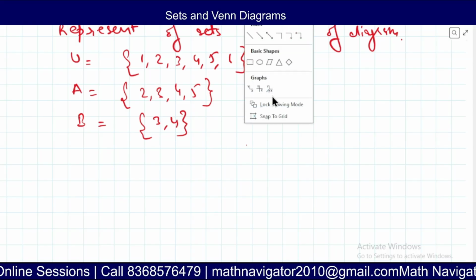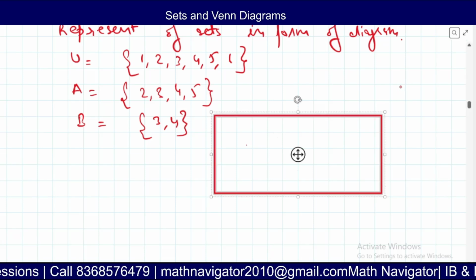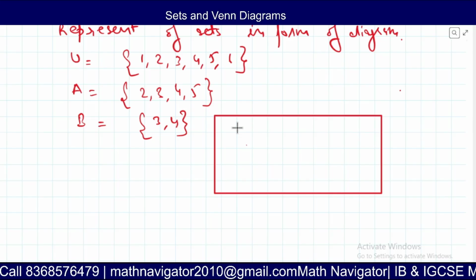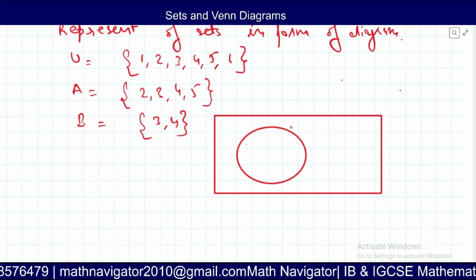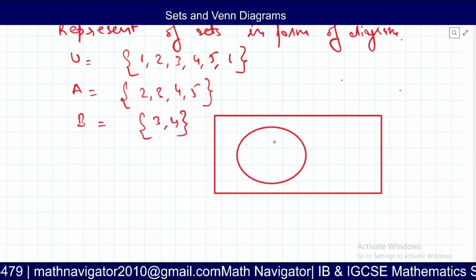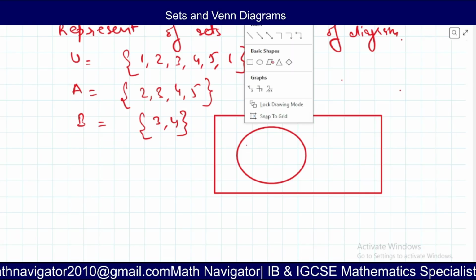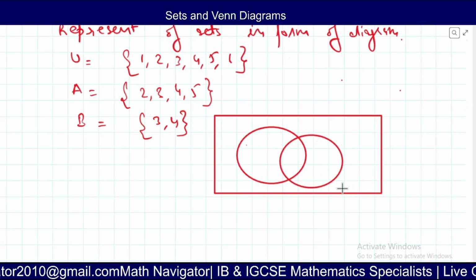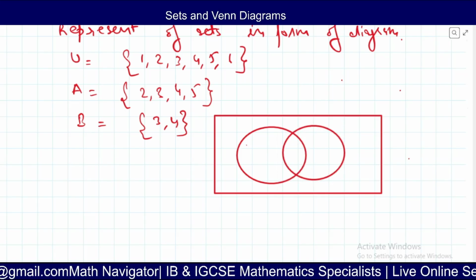So we make a rectangle like this, and then the set is always made like this. So let me copy it.